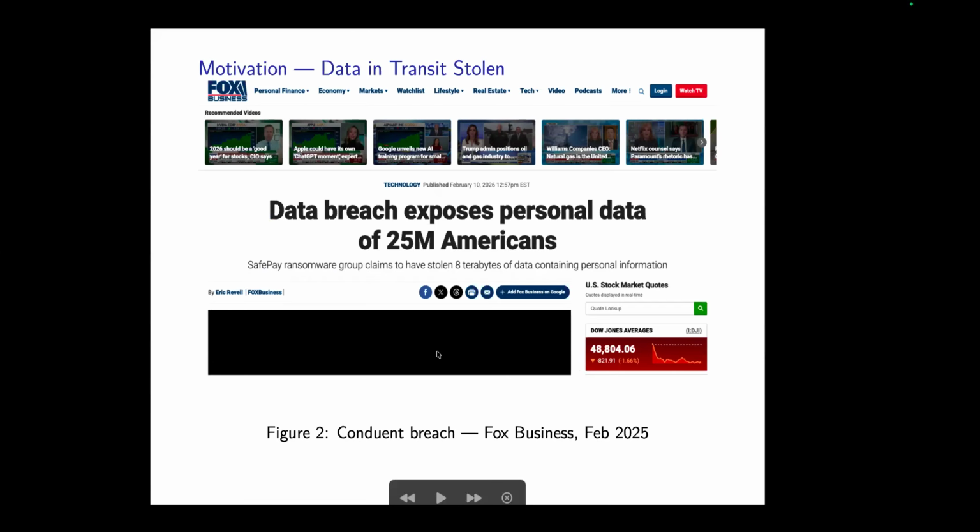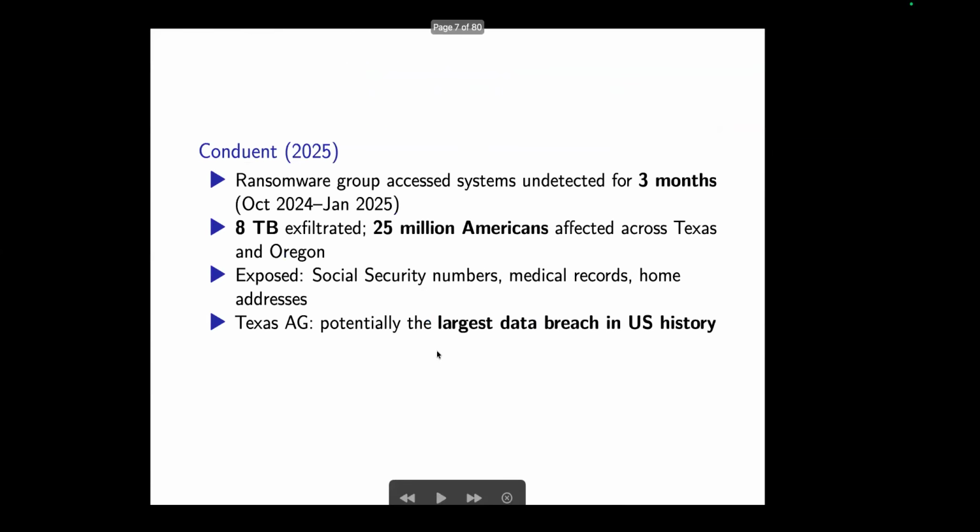Similar situation. They were also not encrypting traffic, and the attackers found an exploit and were hanging around in the infrastructure for about 3 months, and they collected about 8 terabytes of unencrypted data, about 25 million Americans, last year.